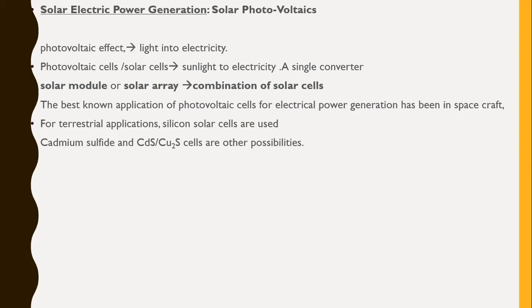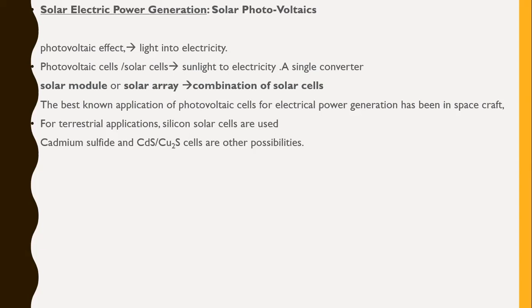The efficiency is the power developed per unit area of array divided by the solar energy flux in free space, which is 1.353 kilowatts per meter square.